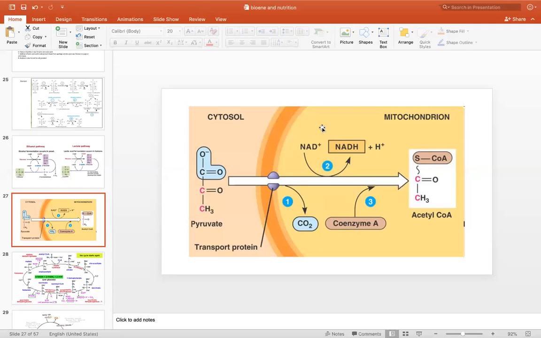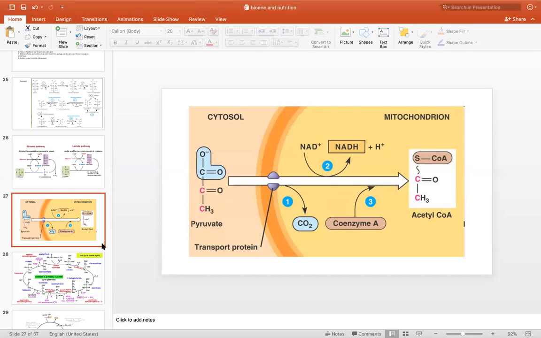Okay, this is simple. Your pyruvate is taken inside the mitochondria to the matrix. Meanwhile, it is transported by a transport protein. It is decarboxylated, a carbon dioxide is given off, coenzyme A is added, and NADH is produced, and here you have your acetyl-CoA molecule.